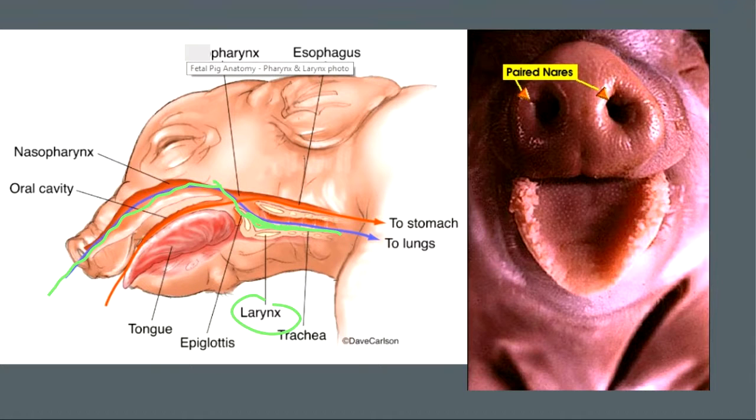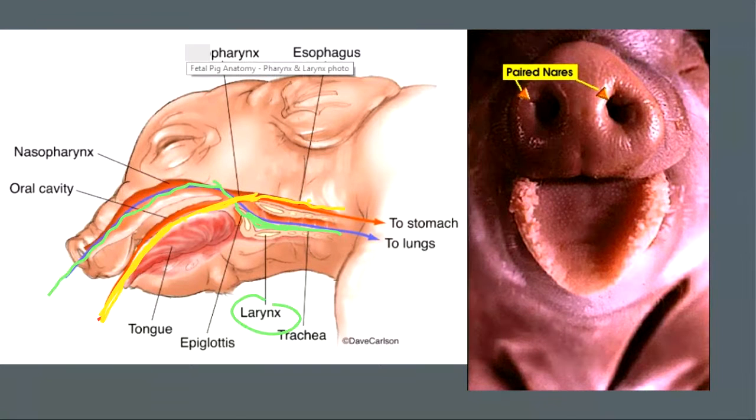And then you have the digestive tube, which is the oral cavity. You have the oral cavity, passes through this pharynx, and then it goes into the esophagus and to the stomach. So note the positions.